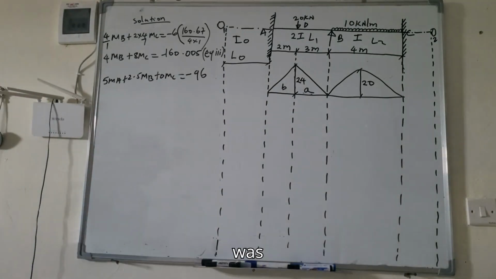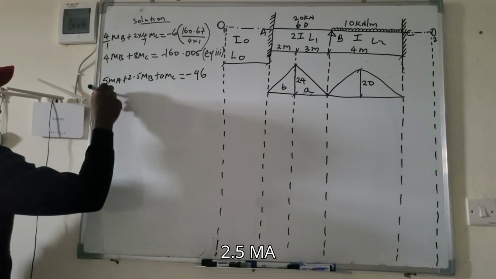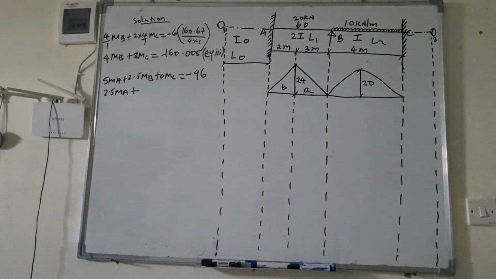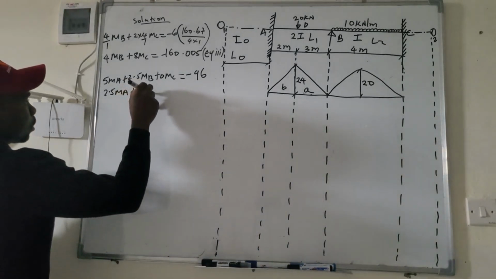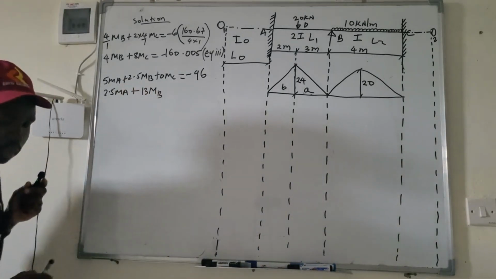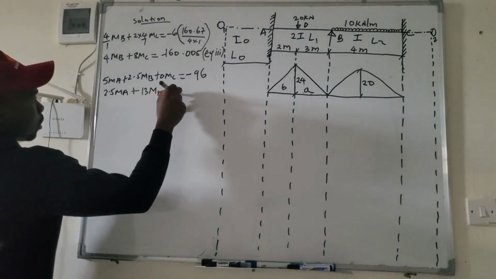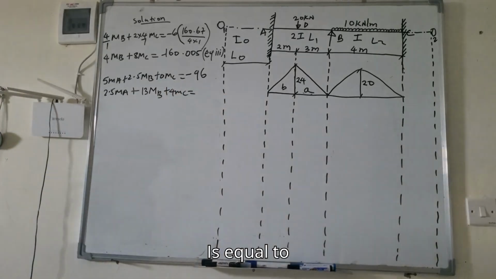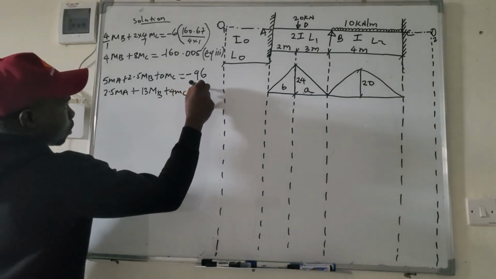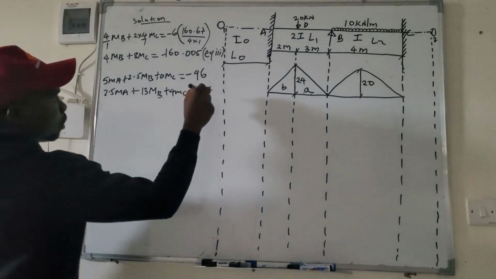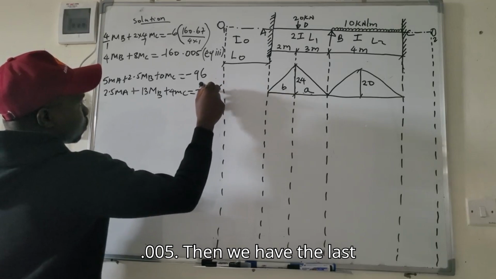And then the second one was 2.5 MA plus 13 MB plus 4 MC is equal to minus 325.005.